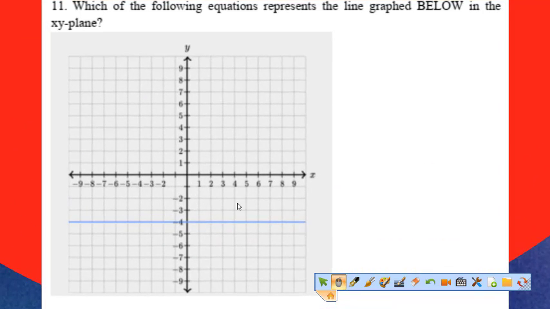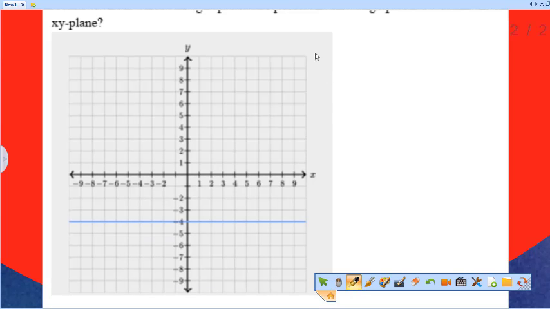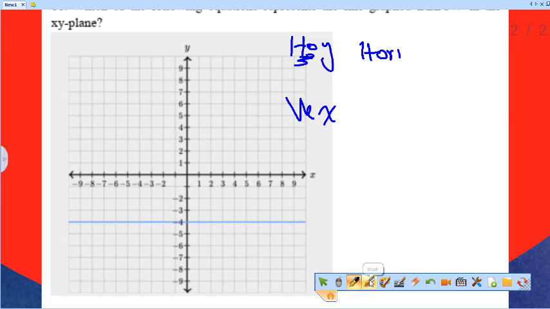If the line is horizontal, what do you think? What is a horizontal line? Y equal is a horizontal line. X equal means vertical line.